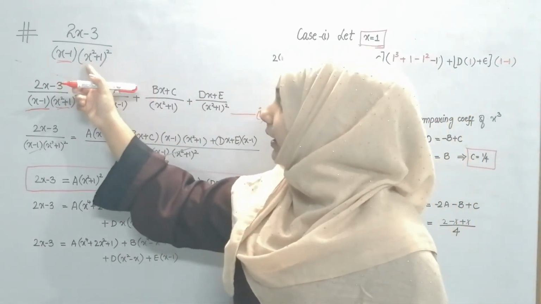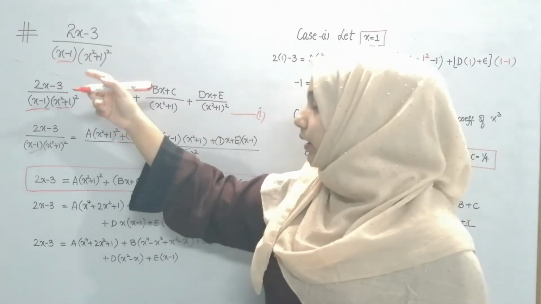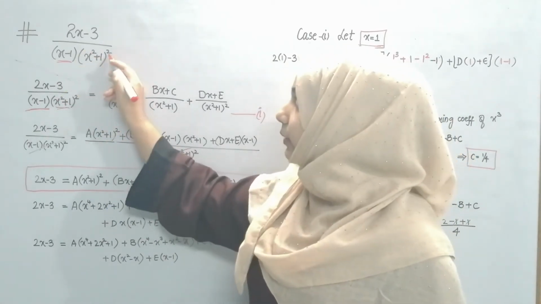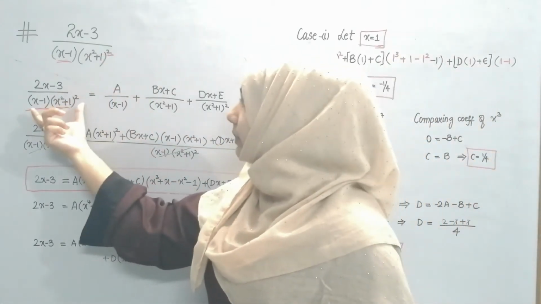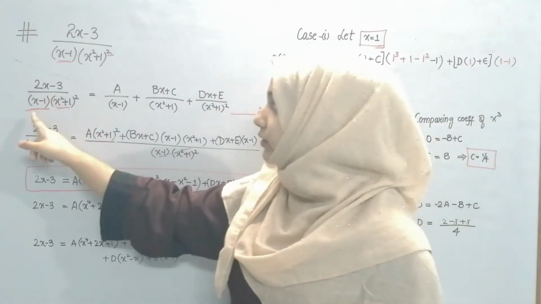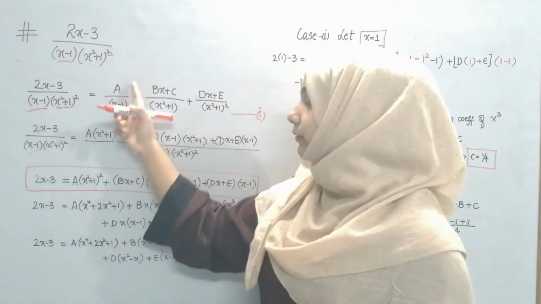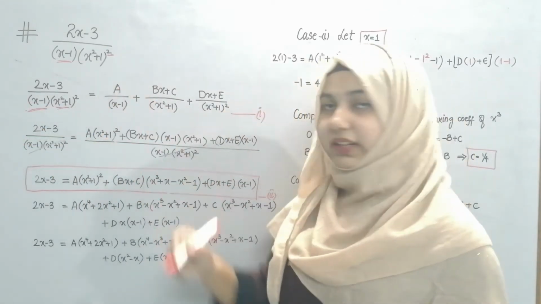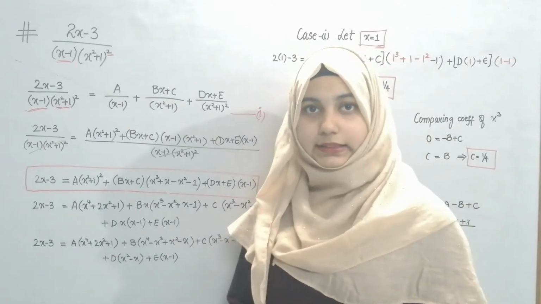But here I have x square plus 1, which is a quadratic factor, and it is repeating two times. So let's decompose this. This is my given fraction, and I'll decompose it into partial fractions. For the first factor, x minus 1, I'll have A by x minus 1, because it is a linear factor.